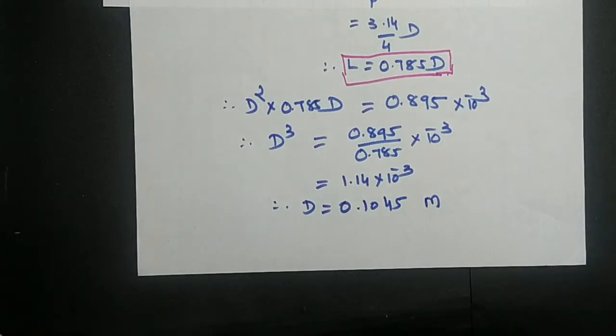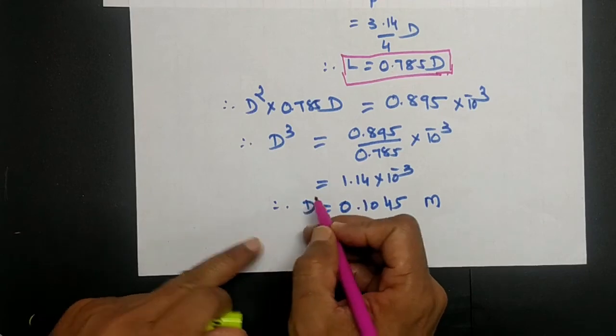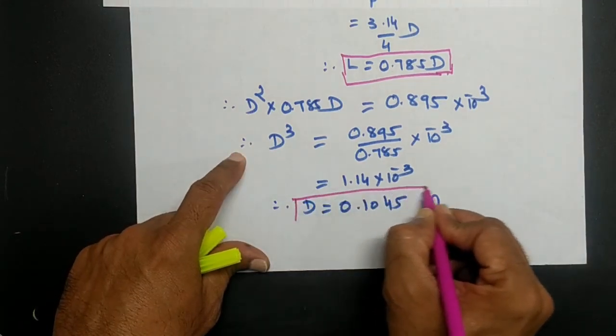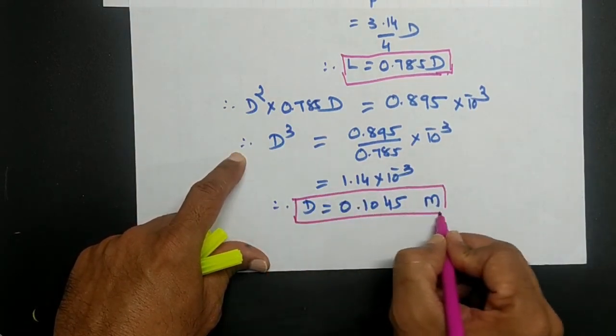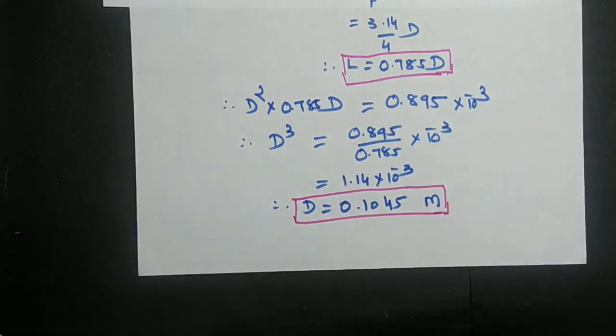So the diameter we have calculated. We can convert into centimeter, normally for single phase induction motor, because diameter and length are comparatively very small, but let us take it as 0.1045 meter.